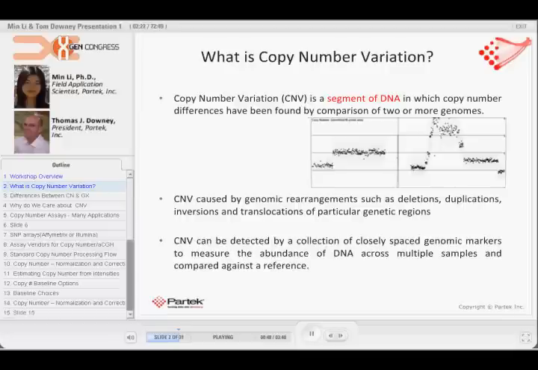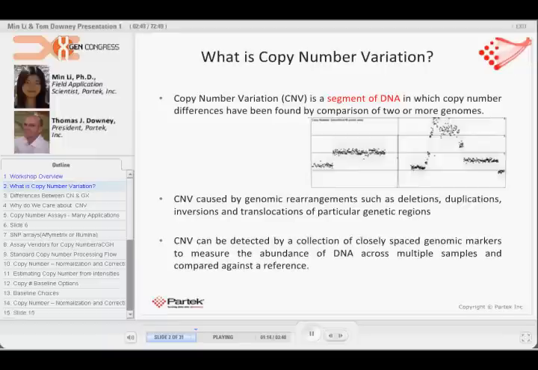And also, there's this word comparison. That means you will need to have a reference, either your own reference or some public domain available reference. We will talk about this in detail later. But first of all, get the concept about what is copy number variation and what you need to focus your mind on.